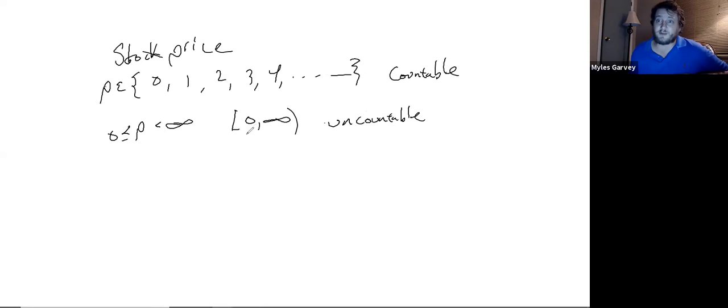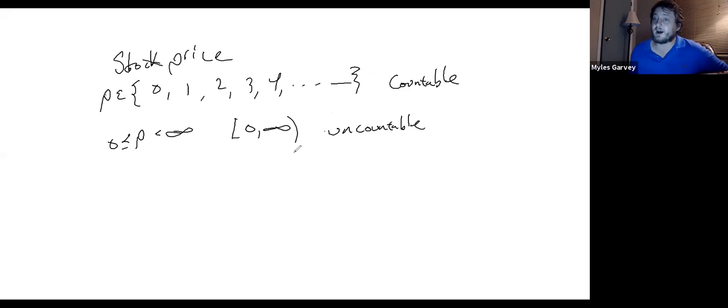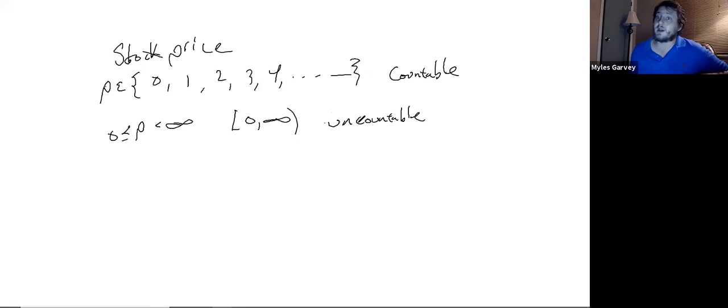You can go do that proof again in your head if you need to. Because I can't count every number in this collection of numbers, I have what's called an uncountable set. This is discrete, this is continuous.